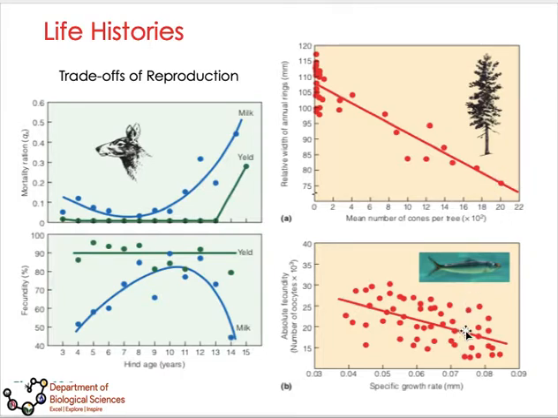The same is true with this particular species of fish. We have absolute fecundity, the number of oocytes produced, and the specific growth rate. If the fecundity, or the number of offspring released, is low, then the growth rate increases. It is again just a representation of resource allocation.